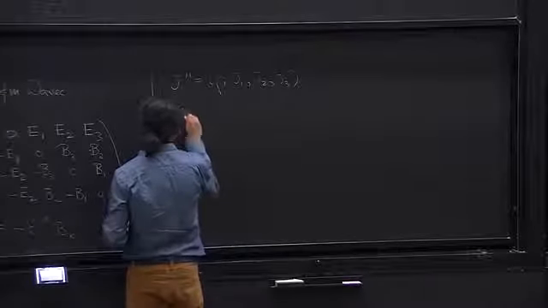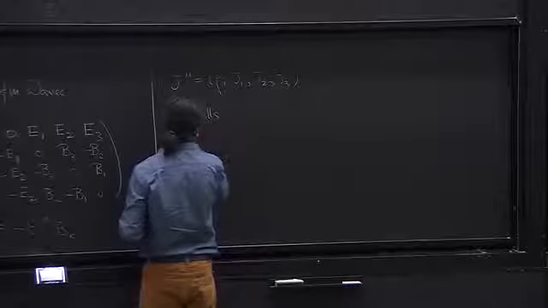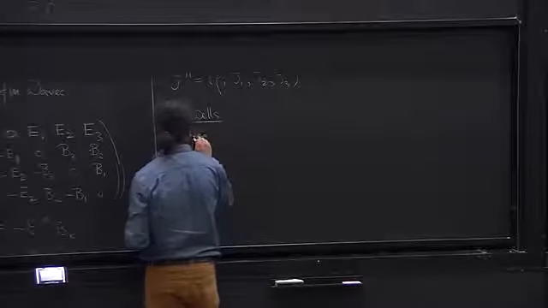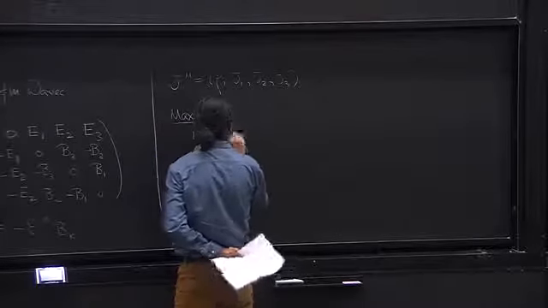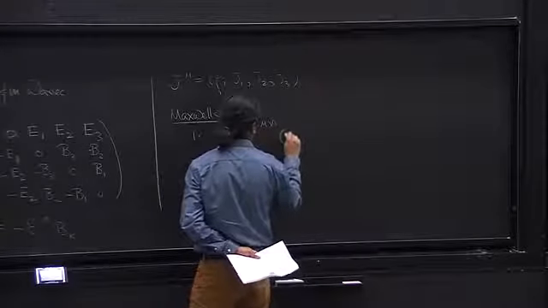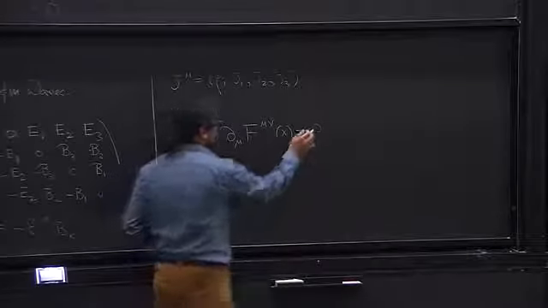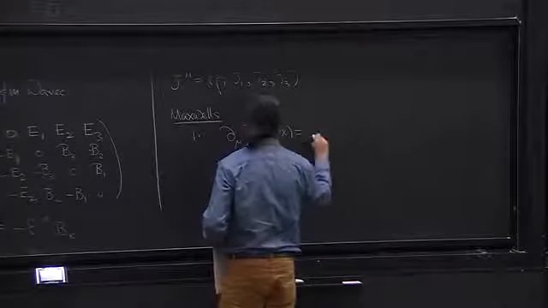Then Maxwell's equations become 2 relativistic equations. The first one is the 4-divergence of F is, sorry, is j nu.